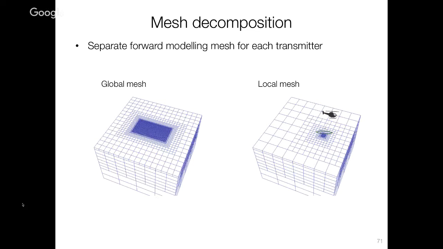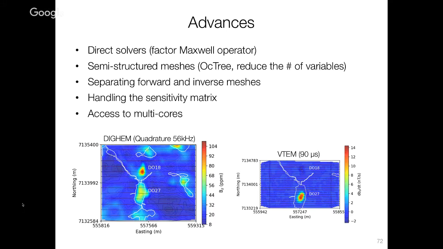So we're divorcing the forward modeling mesh from the inversion mesh. The inversion mesh can have a large number of cells. If you can manage to solve the local problem using 10,000 or 15,000 cells, then you can solve that forward problem more easily. So that's what allows us to do this.